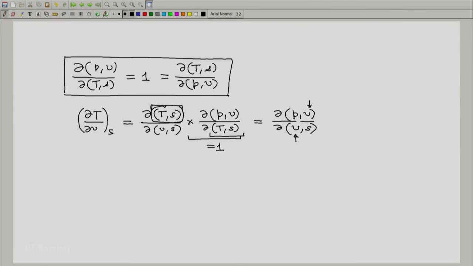In the numerator it is the second parameter, in the denominator it is the first parameter, and hence this would be minus partial of P with respect to S at constant V, which completes the derivation of the first Maxwell's relation.